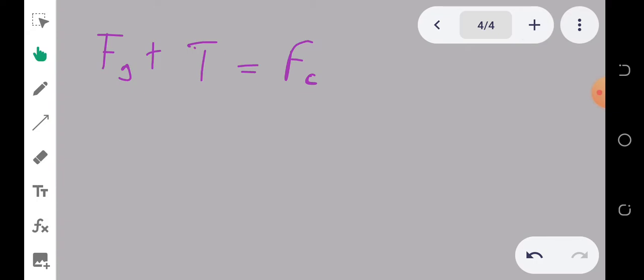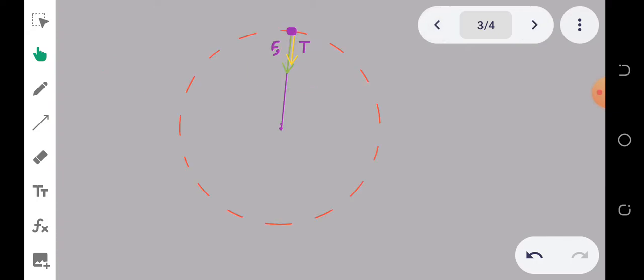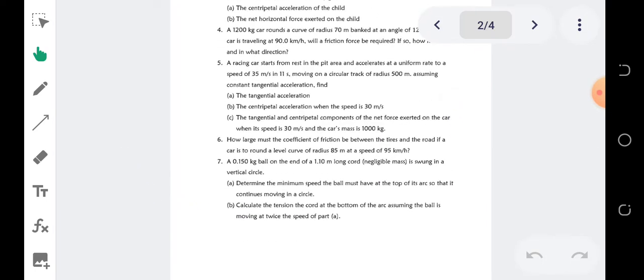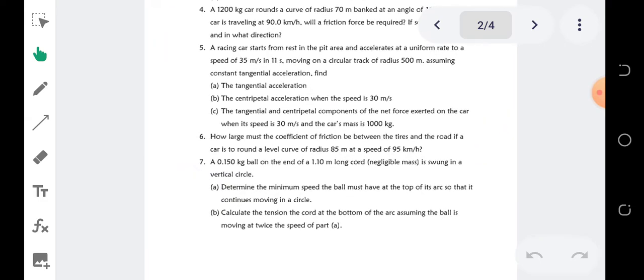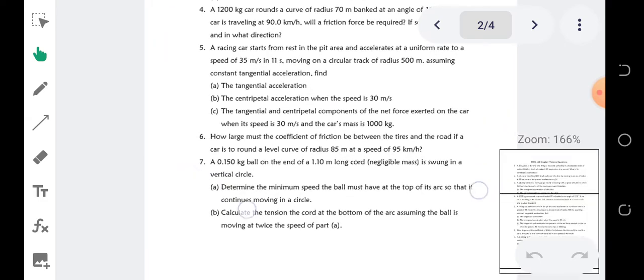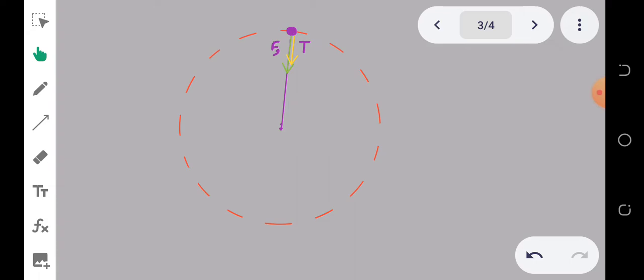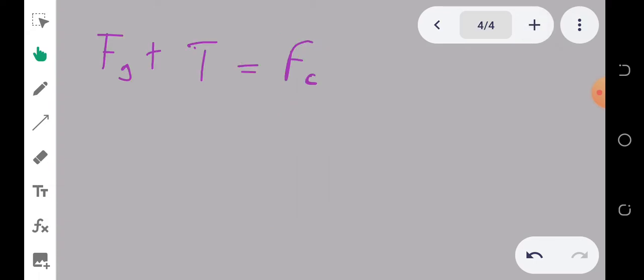Now because they say the minimum speed, and that we should assume negligible mass in the cord, we want to achieve the minimum speed the ball must have.